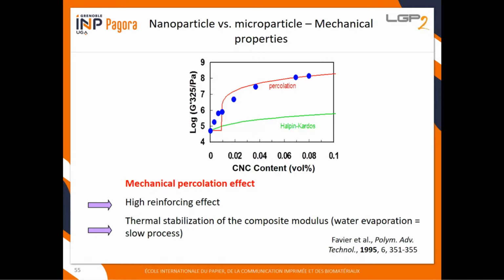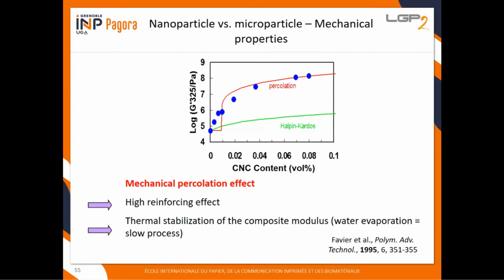So what is the meaning of this? It means that we have a mechanical percolation effect in this nanocomposite. So not only the stiffness of the nanomaterial or the nanorods is important, but also the interactions between these nanoparticles. So it allows explaining the high reinforcing effect that was observed.